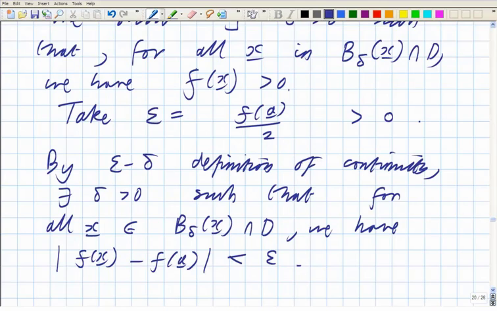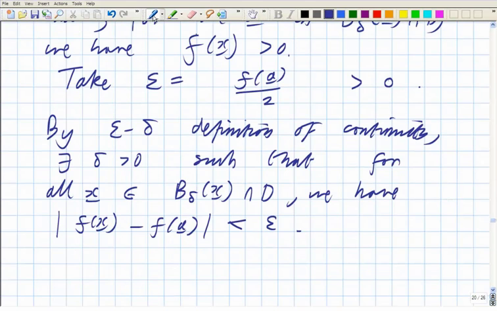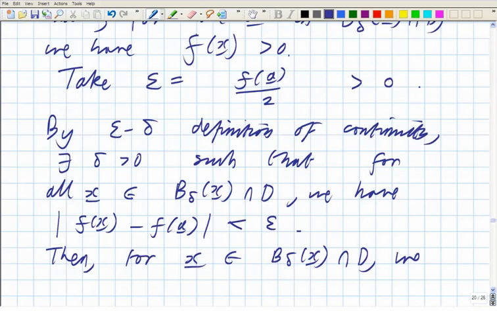That nearby, you'll be within epsilon. And remember, epsilon was chosen to be f of a over 2. We're going to check that this delta works. So then, for x in that intersection, we have f of x. By the comments we had before, if you're within epsilon, then you're going to be greater than the value minus epsilon.